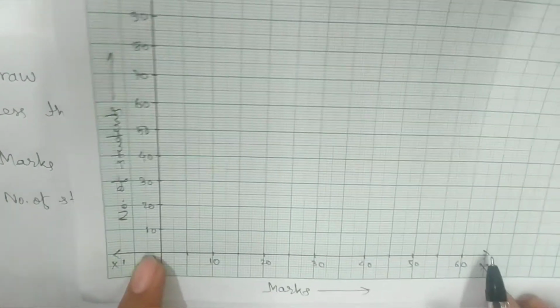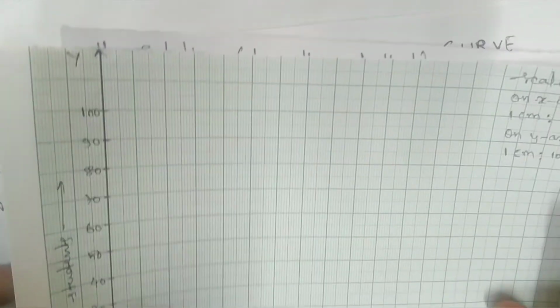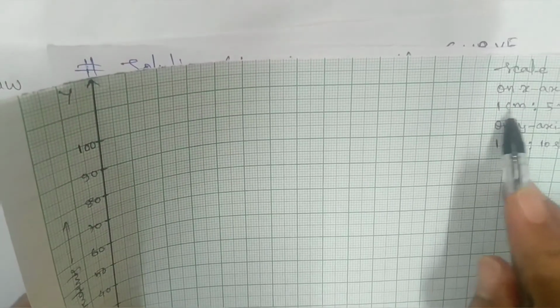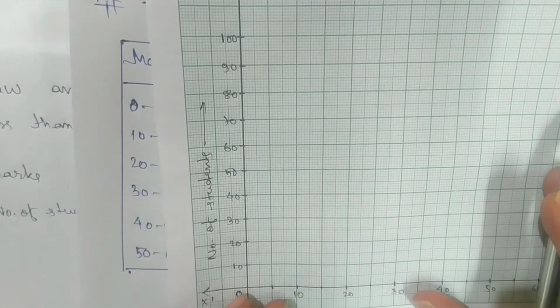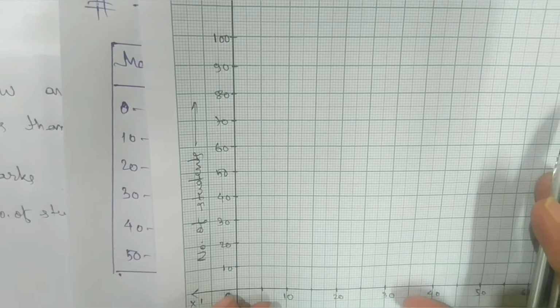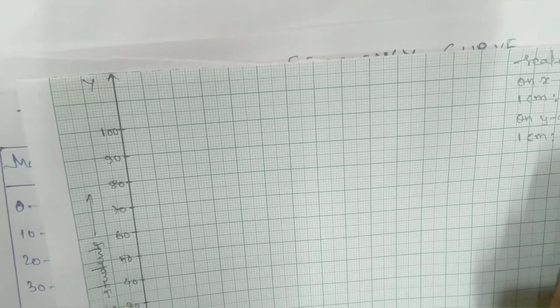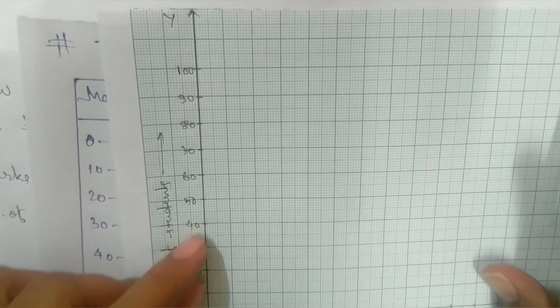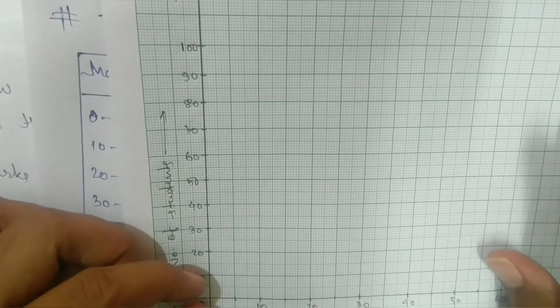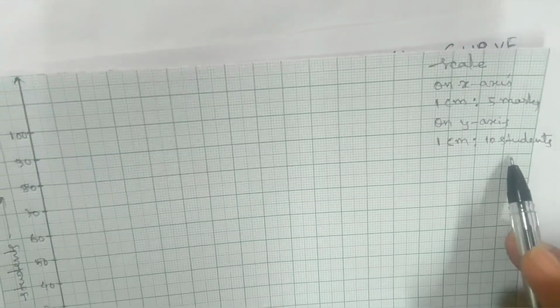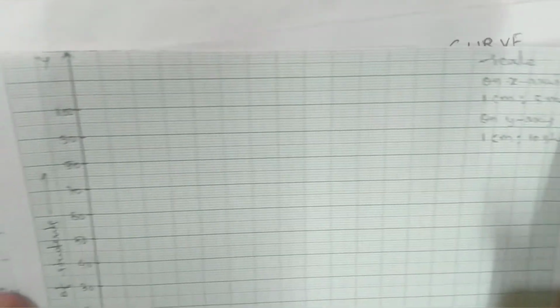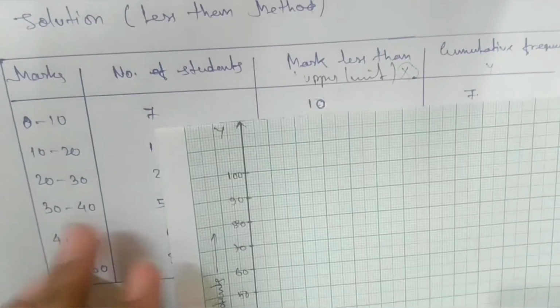So what we have done here, on the x-axis, 1 centimeter, these 10 small divisions, equals 5 marks. And for the y-axis we have taken these 10 small divisions equal to 10 students.